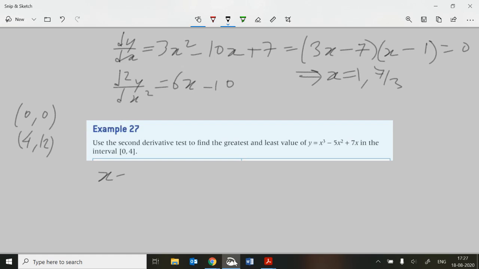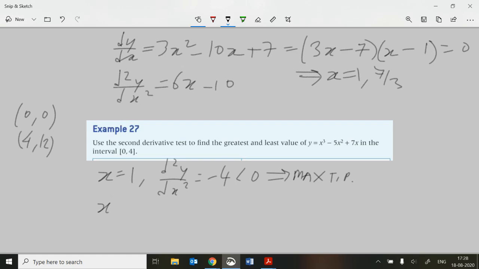When x is equal to 1, the second derivative is equal to 6 take away 10, which is equal to minus 4, which is less than 0, which tells us that we have a maximum turning point. So it's sufficient for us just to write max TP. TP, not toilet paper, turning point.